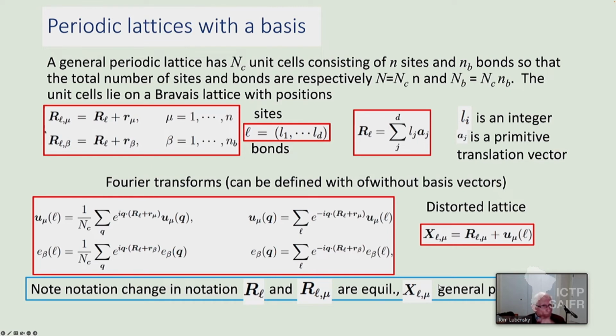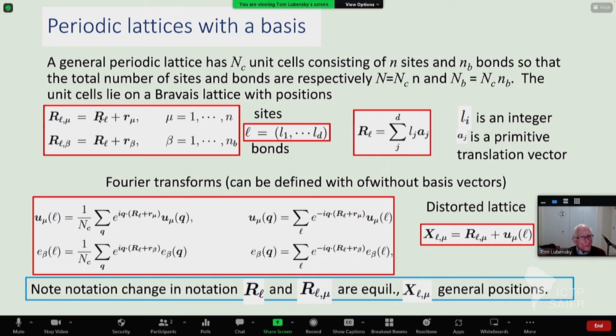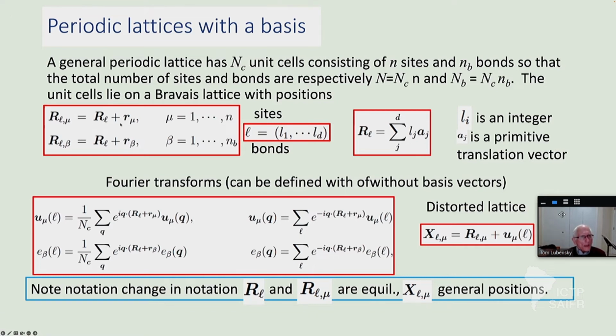We can now write the displacements of the site mu in unit cell L as R sub L, which lies on a Bravais lattice, plus R mu and R beta, which are different. The positions of the centers of the bonds are different from the sites in the lattice. So L is L1 up to LD.